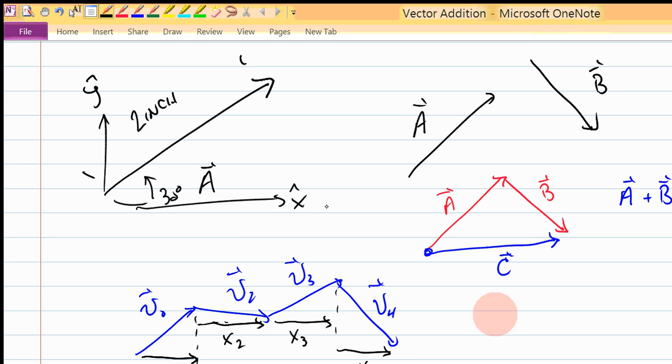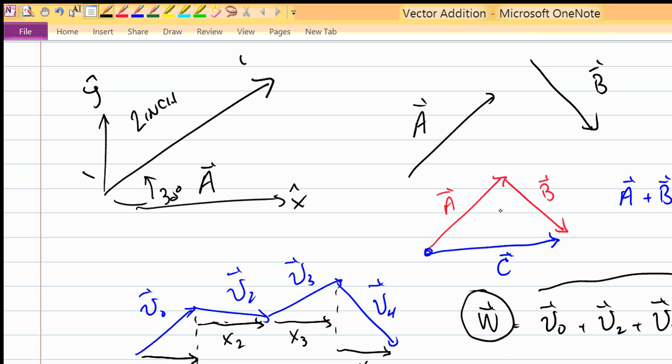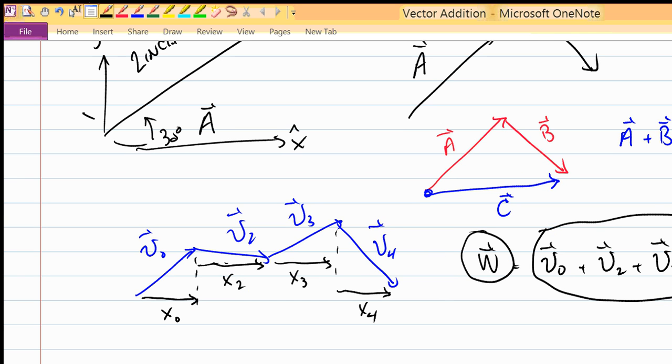I could say my total resultant vector, say W, is equal to V0 plus V2 plus V3 plus V4. I could also specify Wx, just the x component of that vector, is equal to x0 plus x2 plus x3 plus x4.